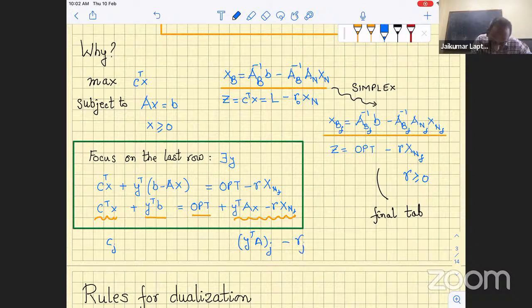That means for every non-basic variable, Cj is Y transpose A's jth component minus Rj. That means it is bounded by the jth component of Y transpose A. For the basic variables, it is equal. For the non-basic variables, Y transpose A is only doing better, meaning it is dominating it.